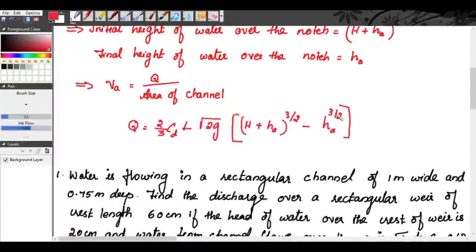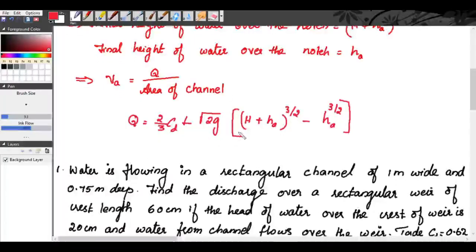This is the formula for discharge when we are considering the velocity of approach.